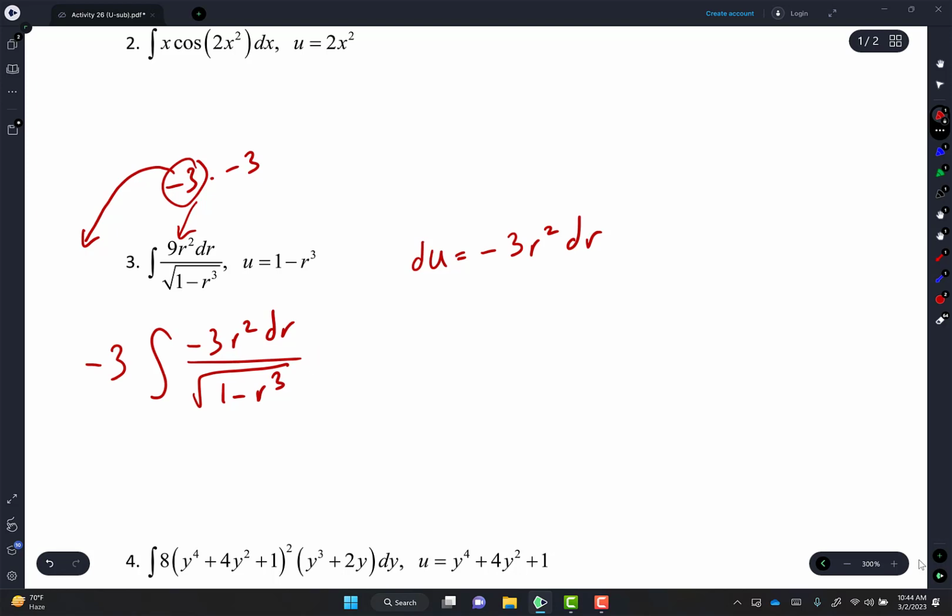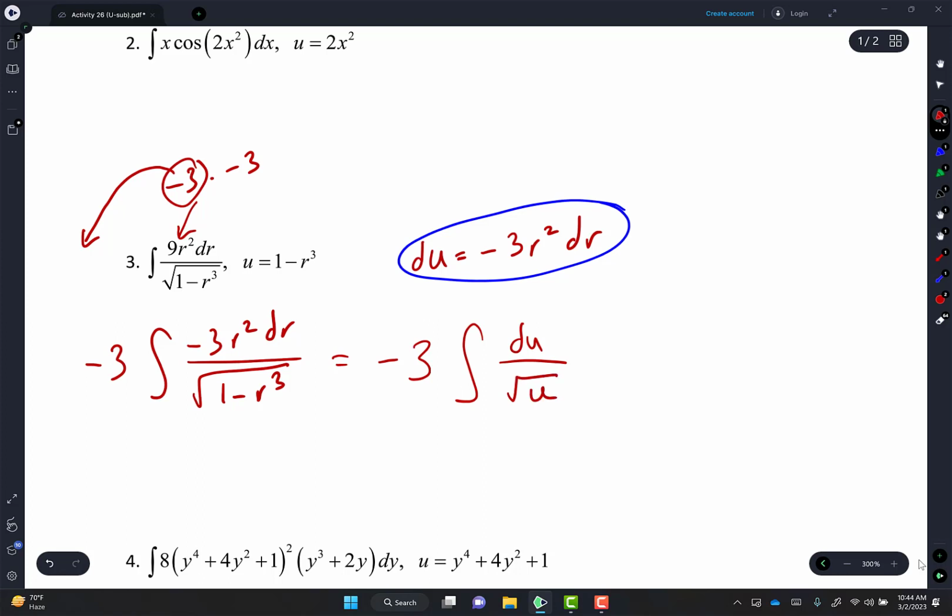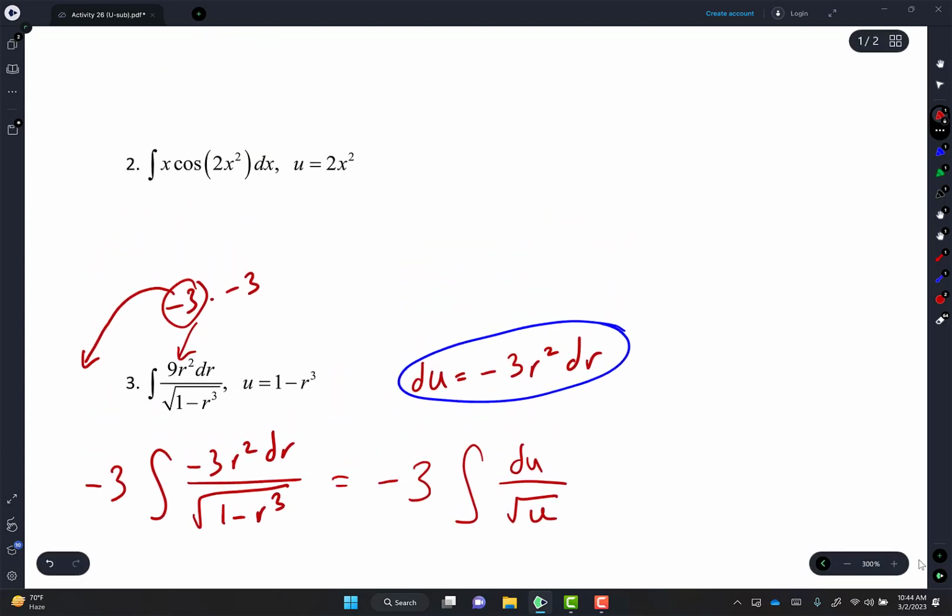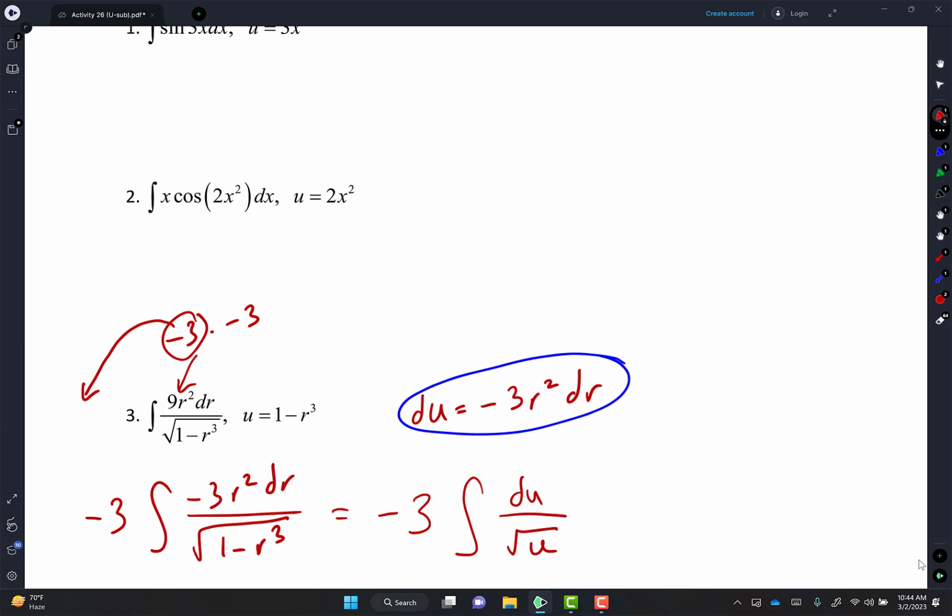Are we okay? Okay. Now notice du is equal to negative 3r squared dr. So there's where my du is going to go. So this is equivalent to saying negative 3 integral du over square root of u. Do you guys see that? And by the way, about the du's, it is a common mistake for people to write the du in the front or something like that.